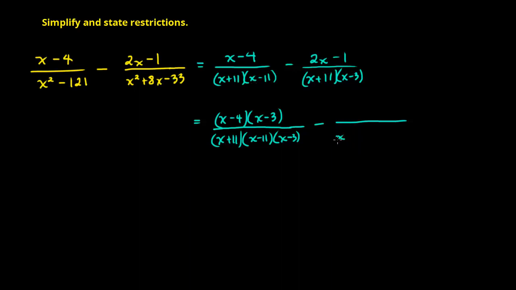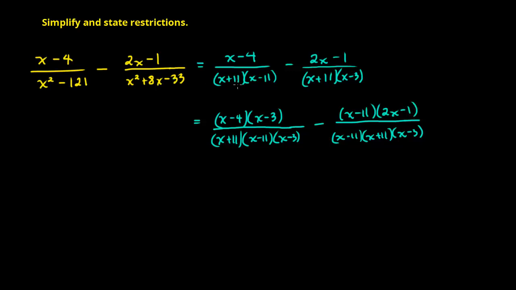So I'll have (x - 11)(x + 11)(x - 3). And in the numerator, I've multiplied the denominator by x - 11, so I have to multiply the numerator by x - 11 as well. So I have (x - 11)(2x - 1) in the numerator.